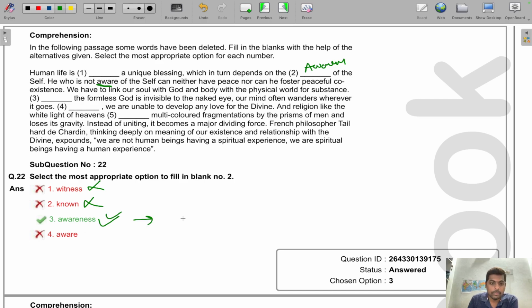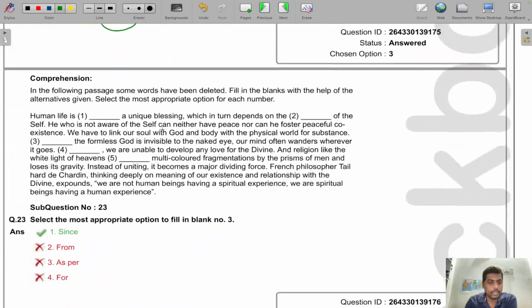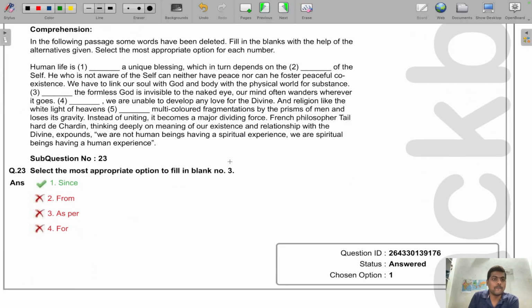Awareness is the correct answer, because awareness is a noun, guys. If any word ends with NESS, mostly it will be a noun only. Aware is actually a verb, here we need a noun, because it depends on something. Okay, now let us go to the next question.